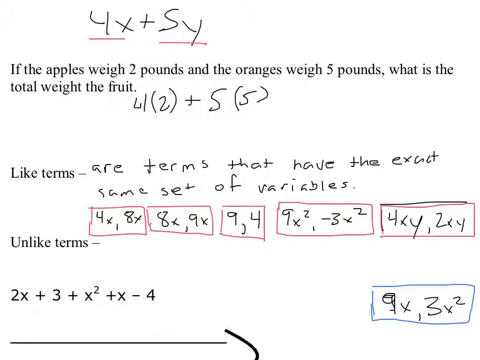Everybody, we're looking at the one that's boxed in blue on the board. If you're not looking at the board, you're not ready to answer this question. 9x and 3x squared. Kip yes or Kip no? Do we think these are like terms? Looking for opinions from everybody.